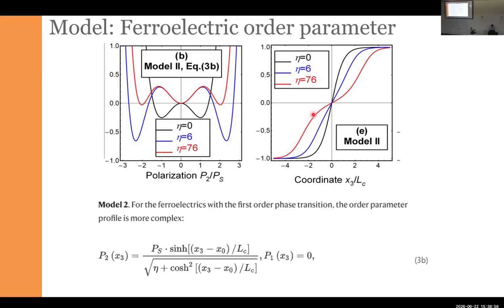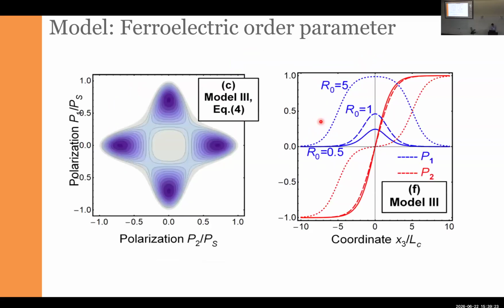It will go through zero, but close to zero, it will form an inflection point. Basically, this inflection point means that the material is almost stabilized in the paraelectric state. It's forced to have polarization up on the left, polarization down on the right.